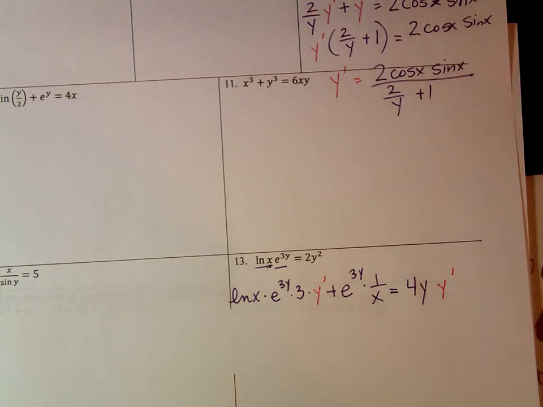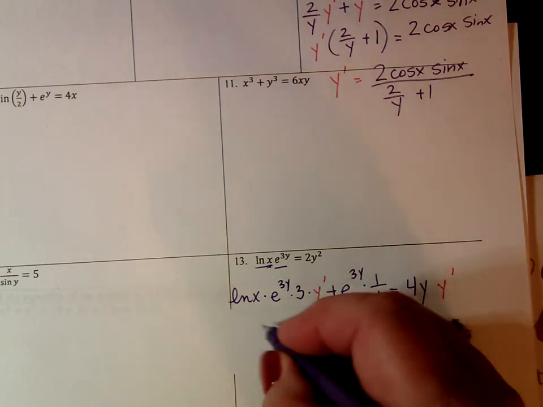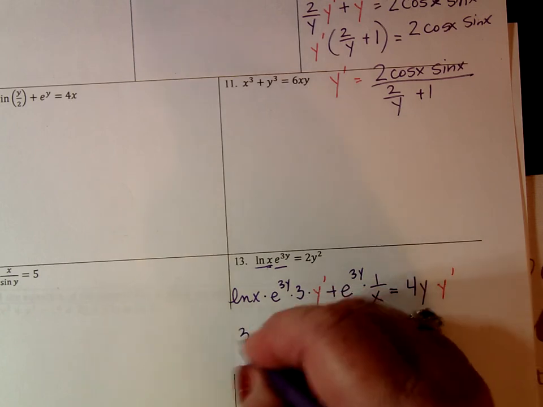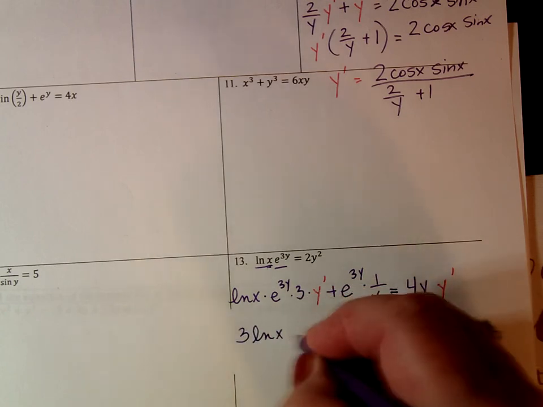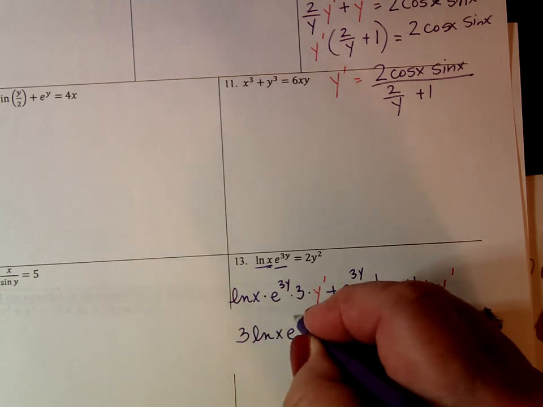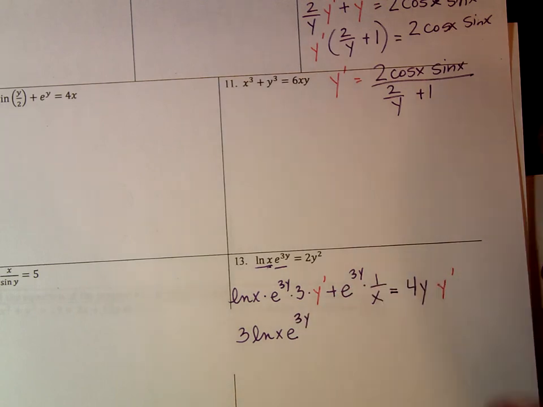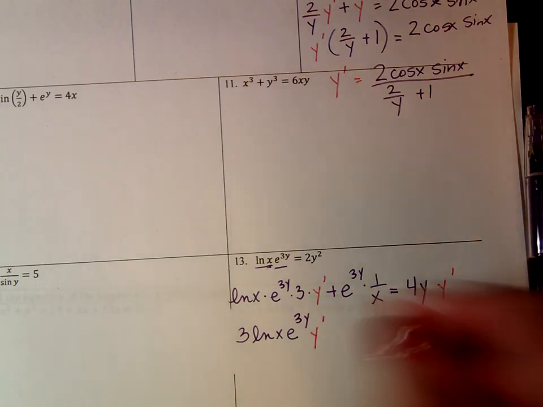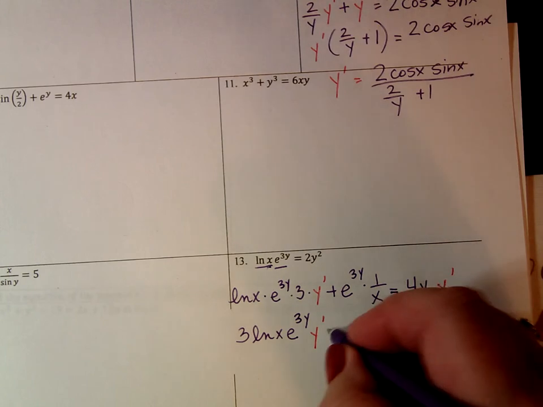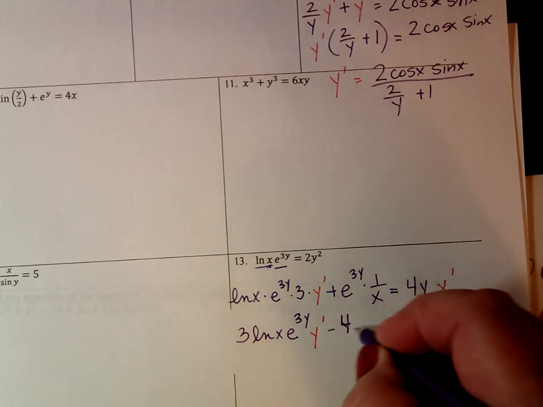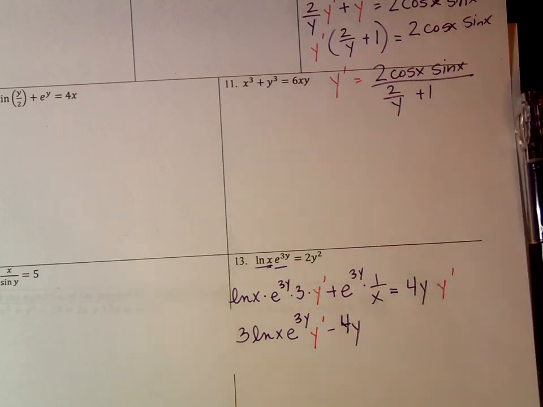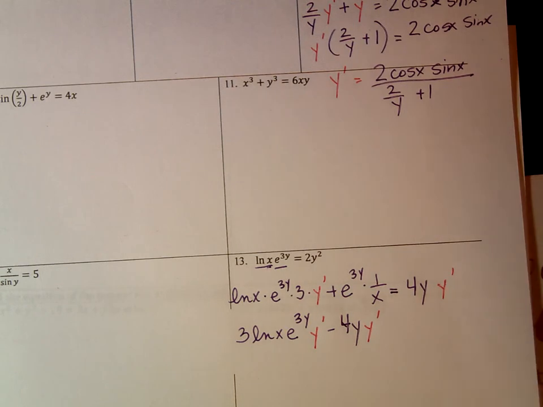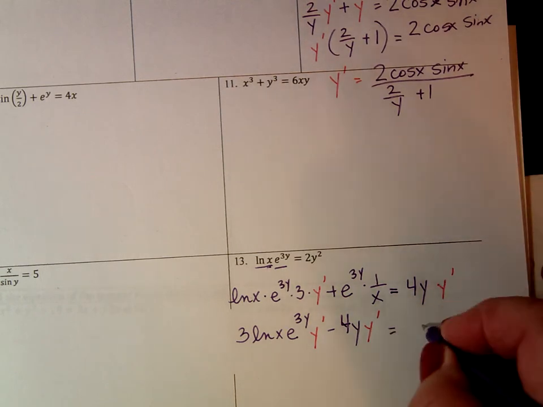Everybody with a y prime goes left, everybody else goes right. I have 3 ln of x e to the 3y y prime, minus 4y y prime, equals e to the 3y over x.